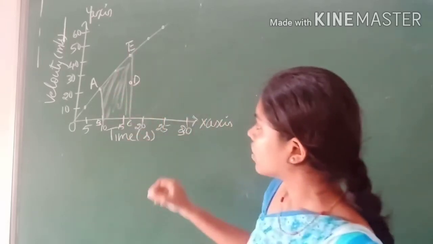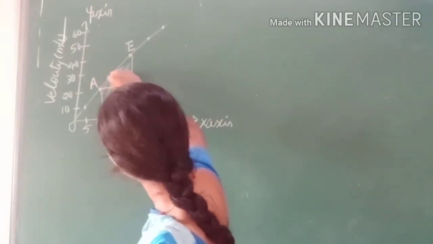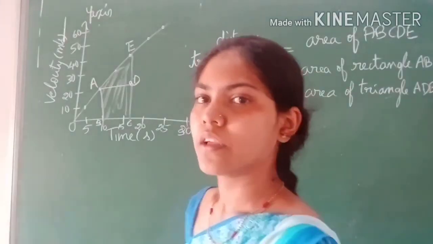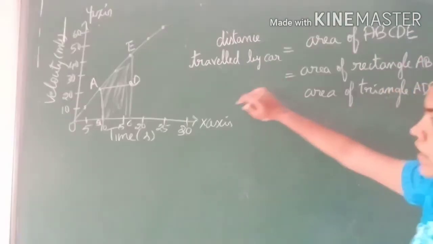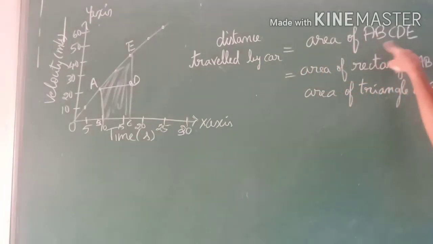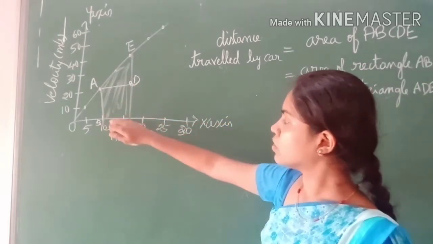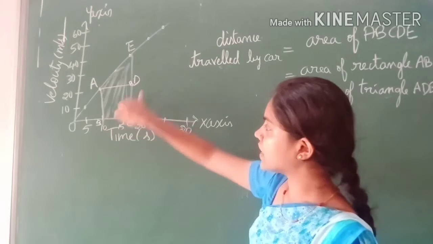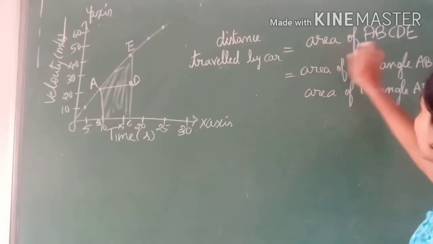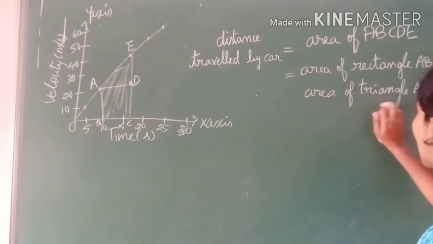Instead of directly solving the trapezium, I will divide it into two parts. When I divide it, I get one rectangle ABCD and one triangle ADE. So the area of ABCDE is equal to area of rectangle ABCD plus area of triangle ADE.